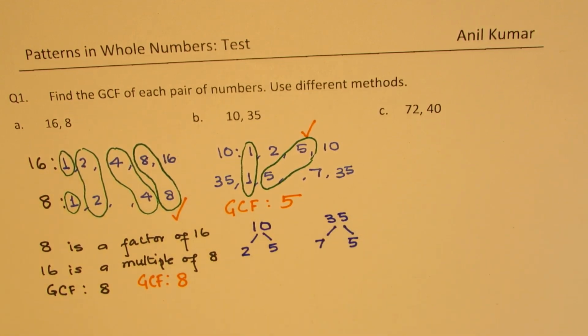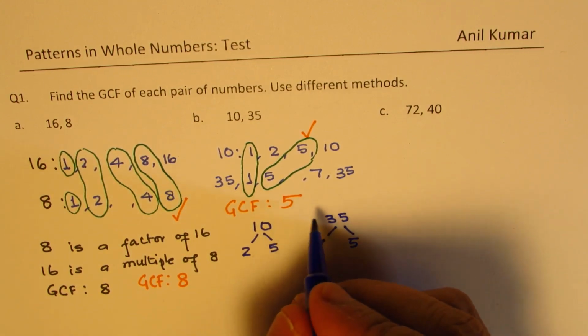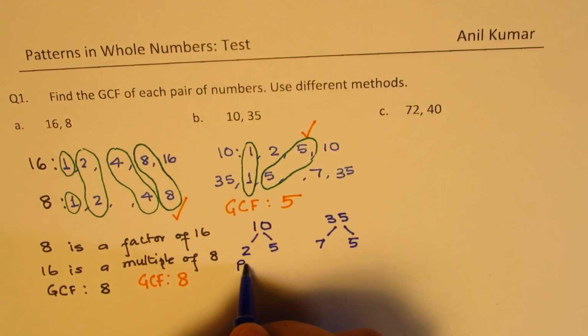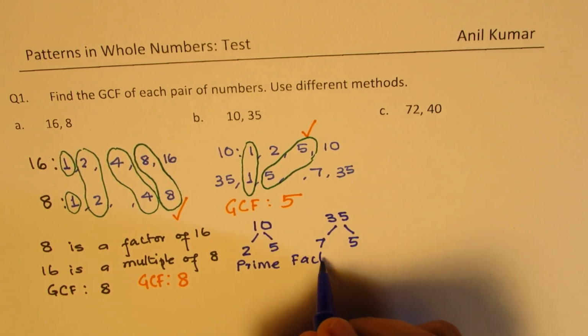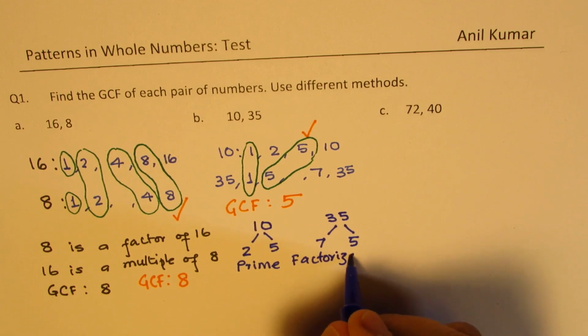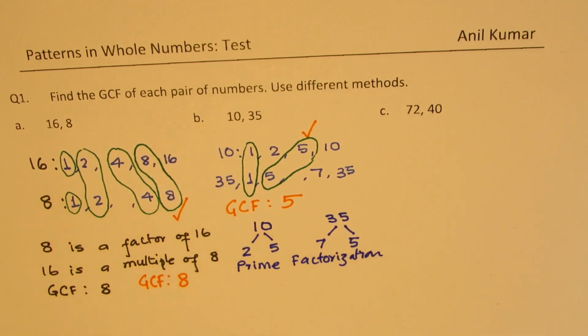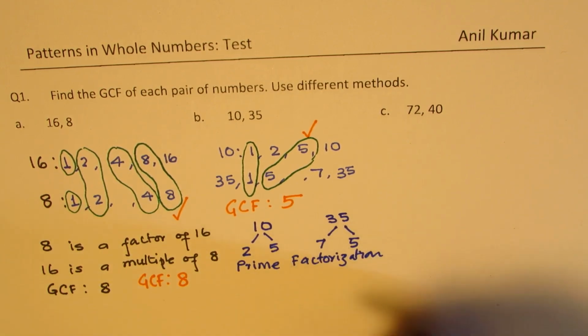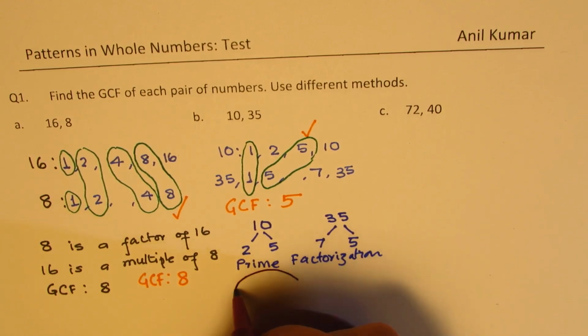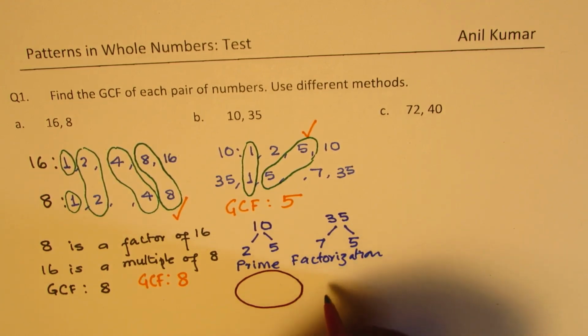So this is prime factorization, correct? Now you can see from here that actually the common factor between them is only 5, and therefore that is the greatest common factor. We can actually combine it with the Venn diagrams, right?